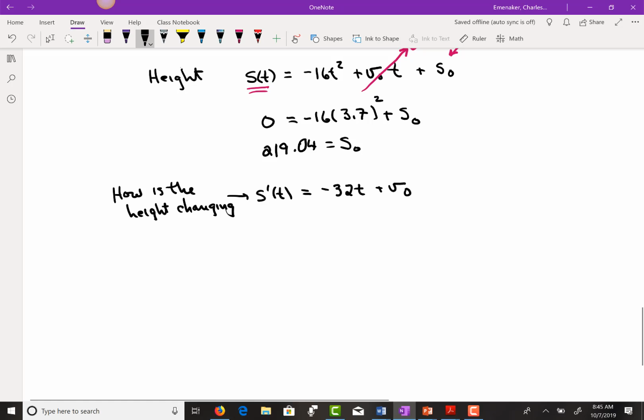Speed. Wait a minute. You mean if I start with height and I take the derivative, what I have now is an equation for velocity? Yes, that's exactly what this is. This winds up being the velocity. This is the velocity equation. It tells you how fast the height is changing. And how fast the height is changing is its velocity, isn't it?